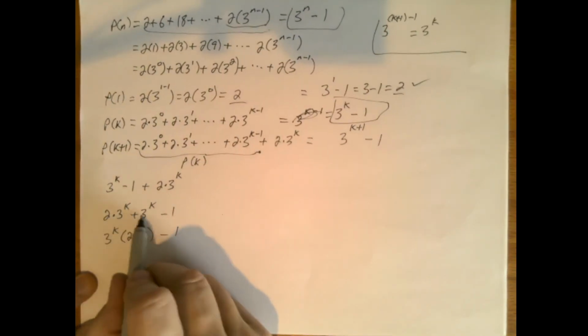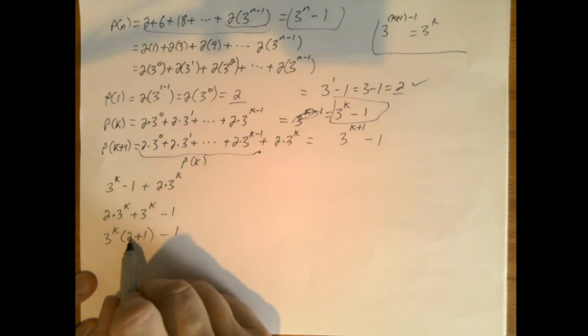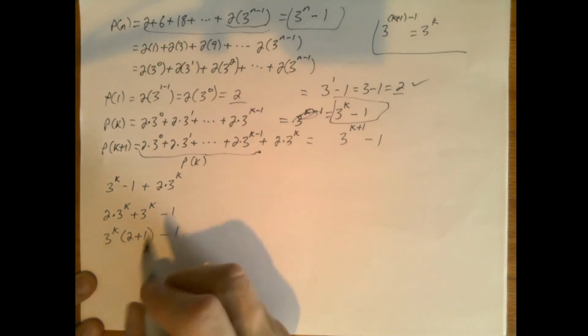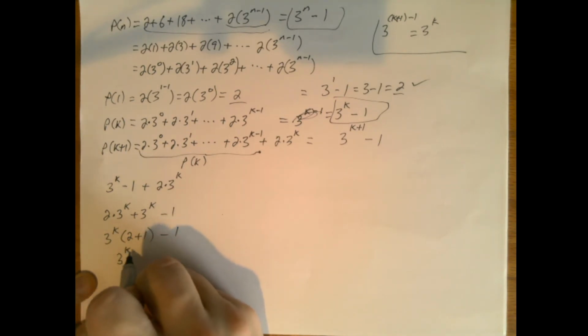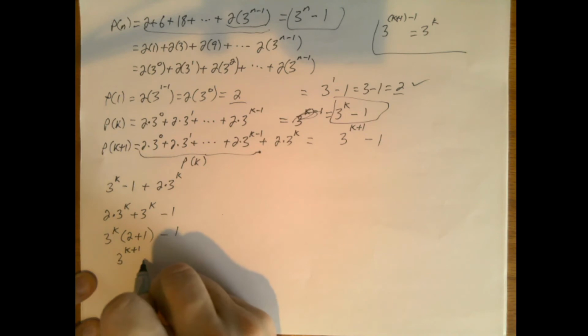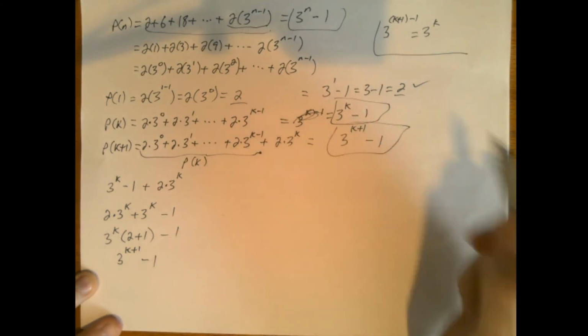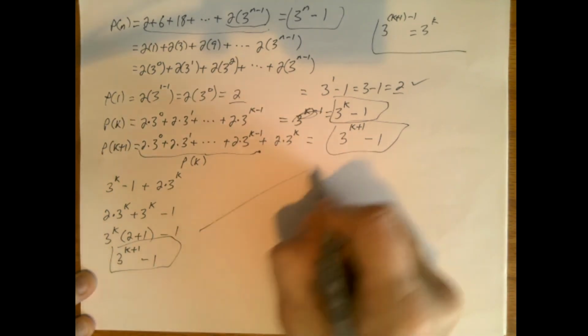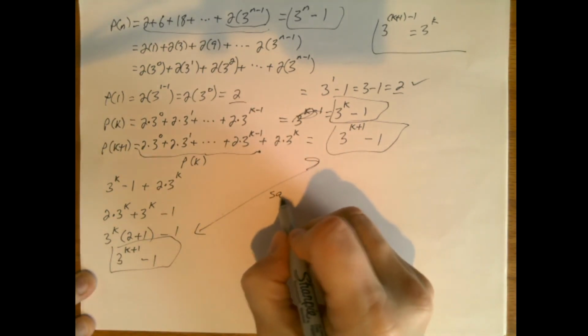I figured out the 2 plus 1 part, so this is really another 3, right? 2 plus 1 is 3, so 3 to the kth power times 3 to the 1st power is really 3 to the k plus 1 power minus 1. And we didn't have to do anything over here to simplify. Those are the same.